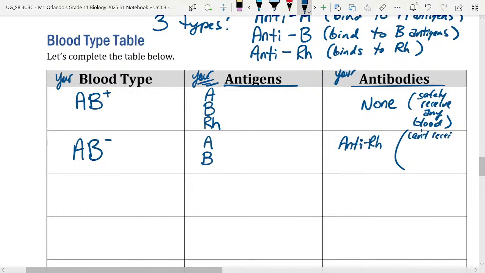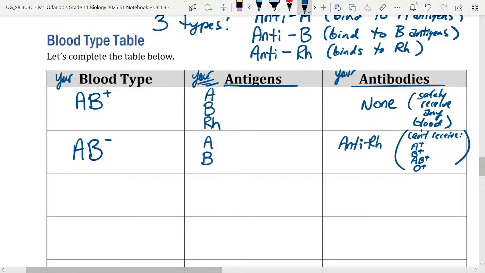Yeah, you can't receive positive blood. So you couldn't receive A positive, B positive, AB positive, or O positive. Any of the above would be deadly to you. Does that make sense? Because if that positive is present, you have anti-RH antibodies, your blood is going to see that blood and destroy it.